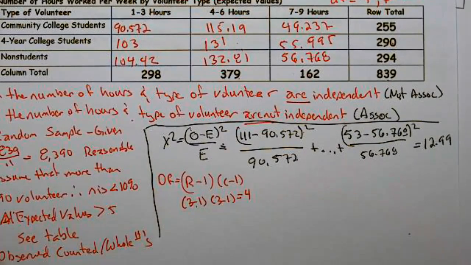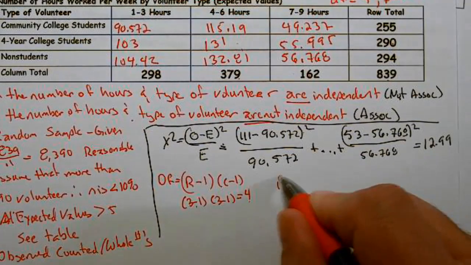And you're like, well, the calculator did that for me automatically. Yes, it did. They will ask this question on a multiple choice when you won't be able to calculate it. They'll say, hey, we have this many rows and this many columns, et cetera. What's the degrees of freedom? So you need to make sure you know this formula, rows minus 1 times columns minus 1. So our degrees of freedom in this case is 4.